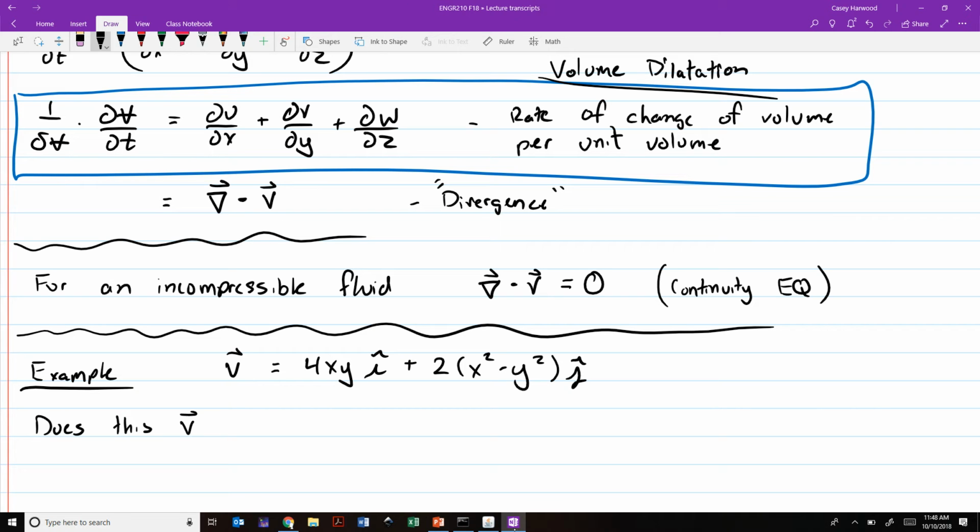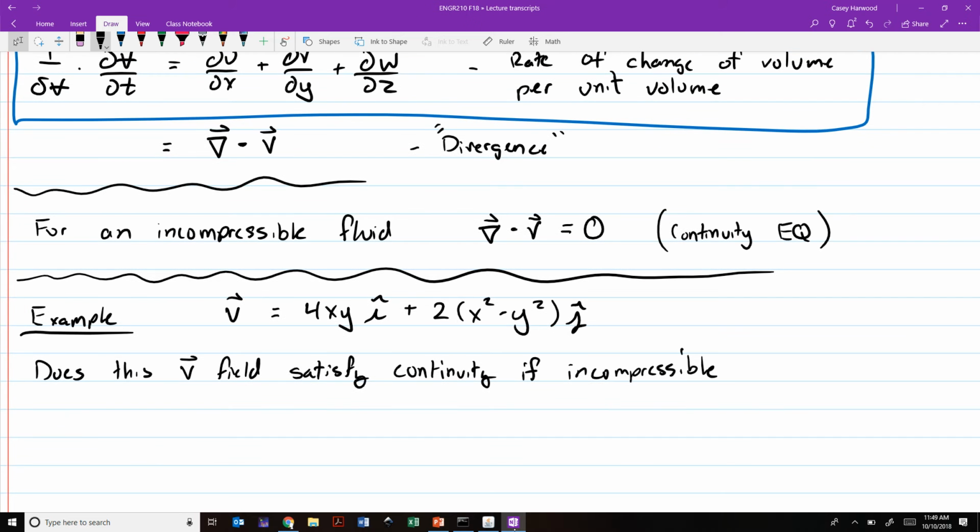Does this velocity field satisfy continuity if we assume that the flow is incompressible? Okay, so take about 2 minutes and work out what you get for this quantity.